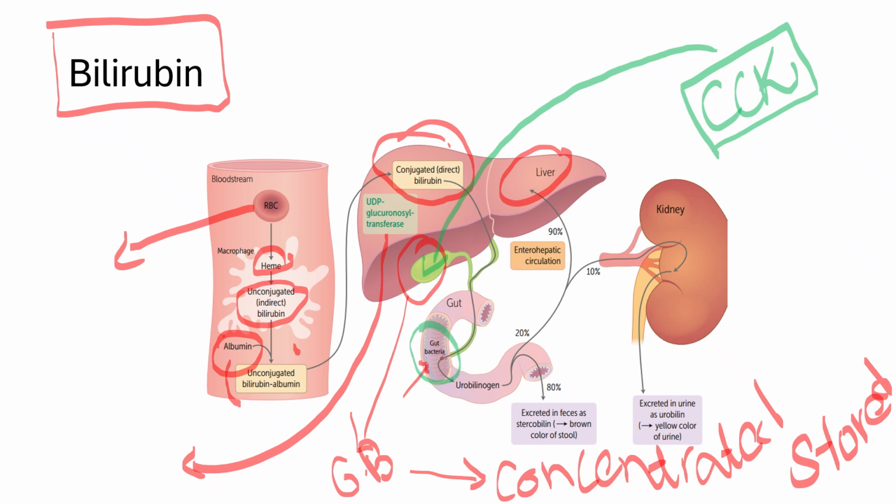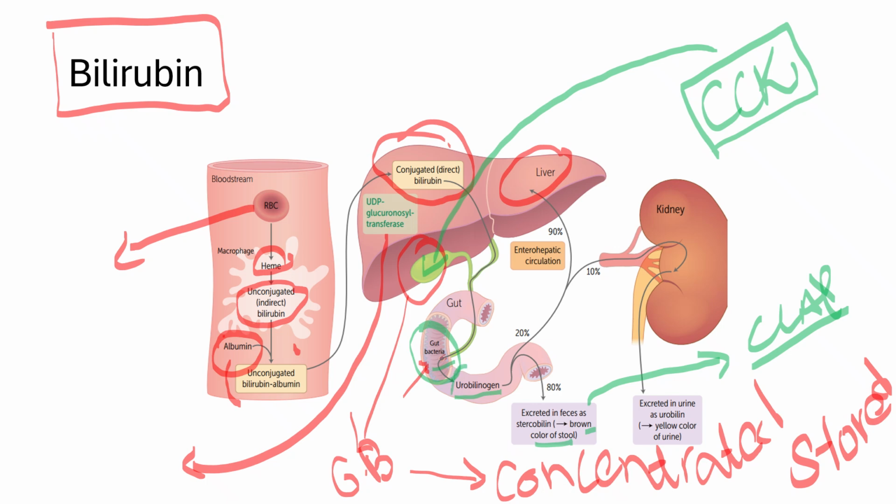When the bile comes into the duodenum, it is converted into urobilinogen by gut bacteria. 80% of this is excreted in the feces as stercobilin. This stercobilin gives the brown color of the stool, right? If it is absent, then the stool is clay colored. That means the bile flow is obstructed, right?